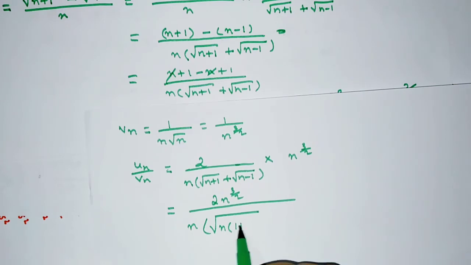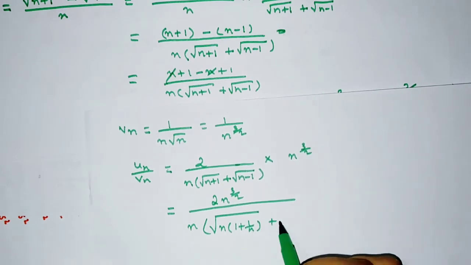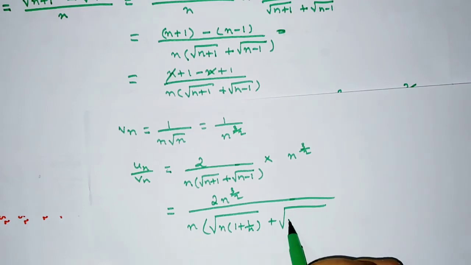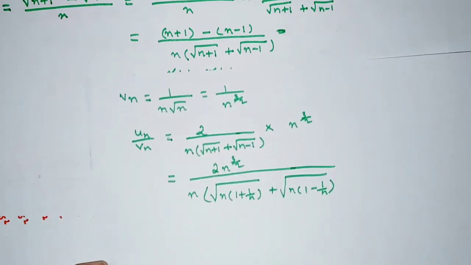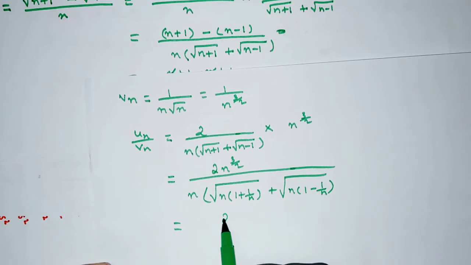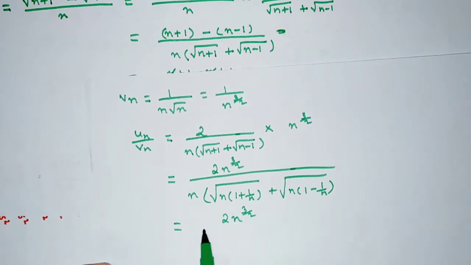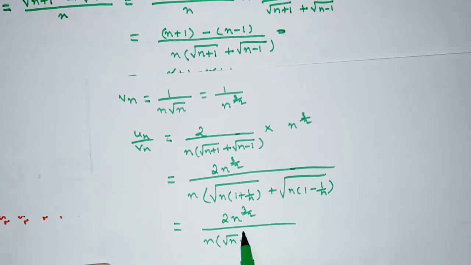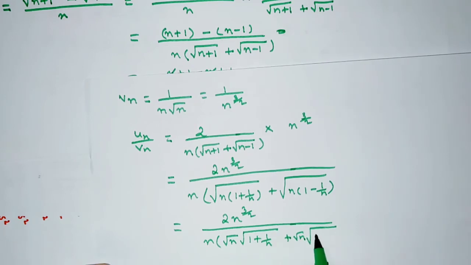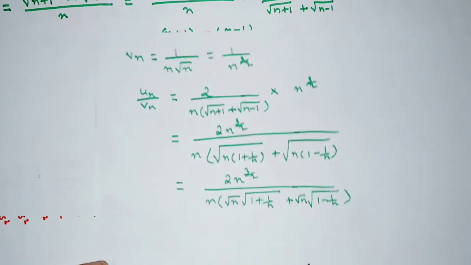So we have 1 plus 1 upon n plus, here also the same thing, n times 1 minus 1 upon n. So now 2n to the power 3 by 2. Now this one is taken out and we are left with root over 1 plus 1 upon n. Here also root n, root over 1 minus 1 upon n.